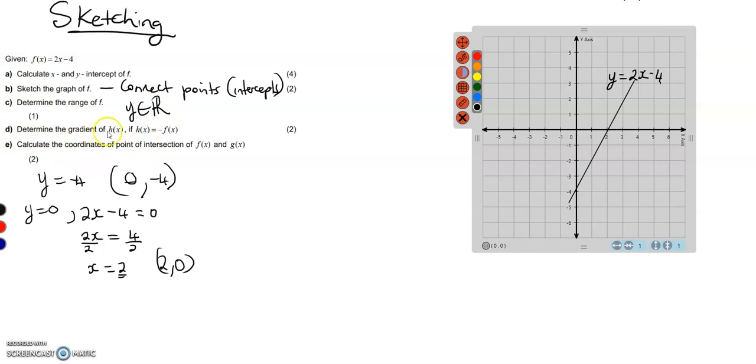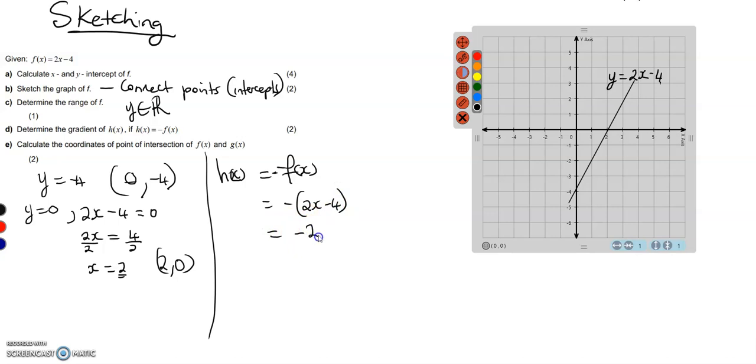Then determine the gradient of h of x. Now we're told that h of x is equal to negative f of x. So once you're given negative f of x, what do we do now? Let's just put the negative there. It's going to be equal to negative (2x minus 4), okay? Then what do we get there? It's going to be negative 2x plus 4.